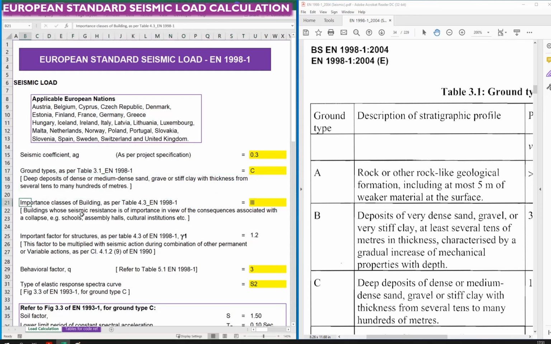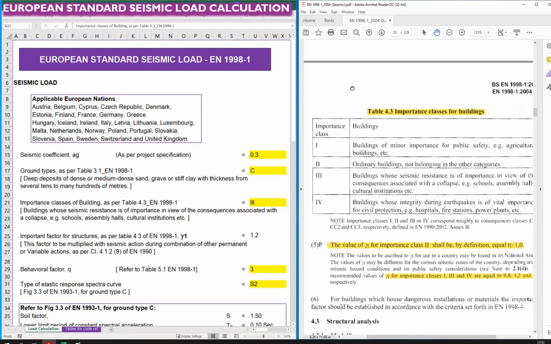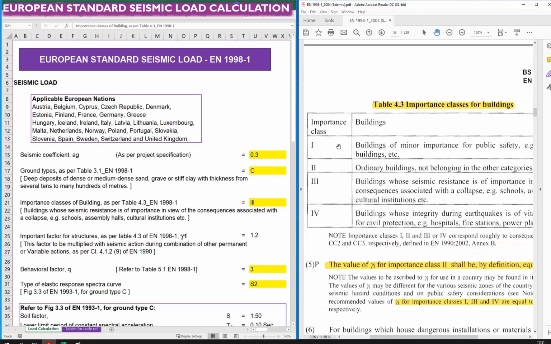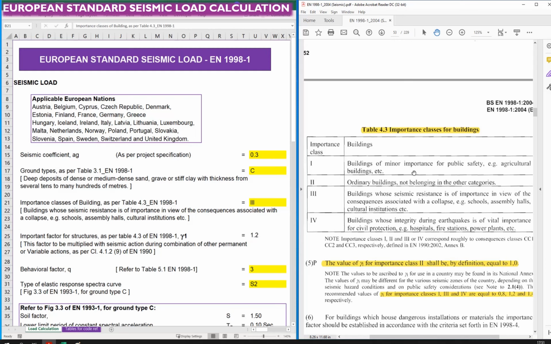Next input required is the importance class of the building. This we need to refer as per Table 4.3, page number 53. This table shows the importance classes of buildings. There are 4 classes. The first, Class I, defines buildings of minor importance for public safety, for example agricultural buildings, etc. The second is ordinary buildings not belonging in the other categories.